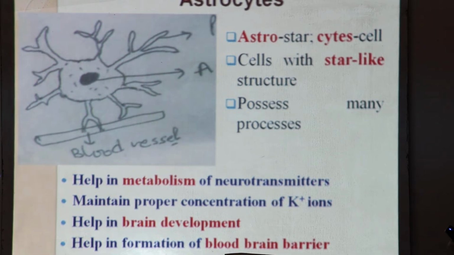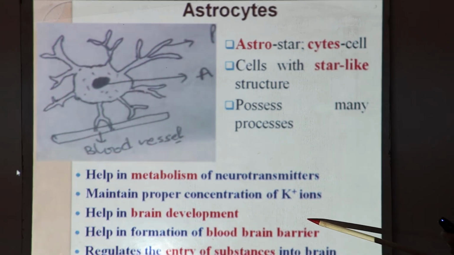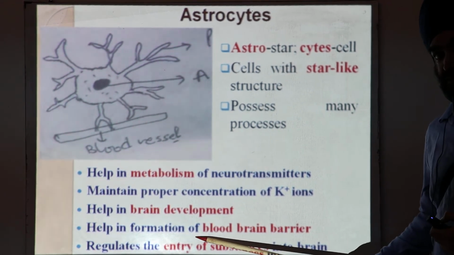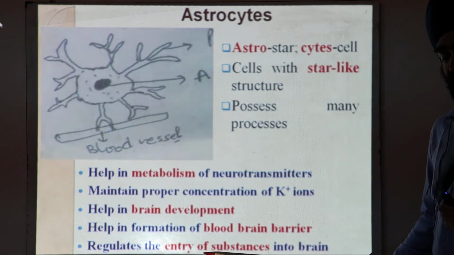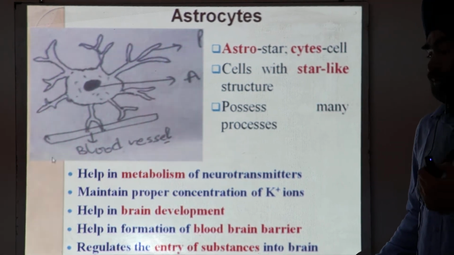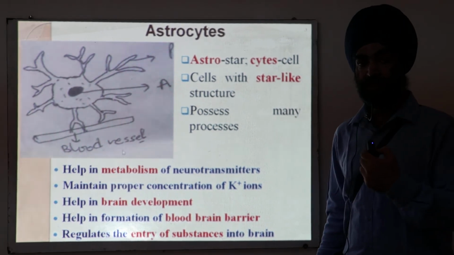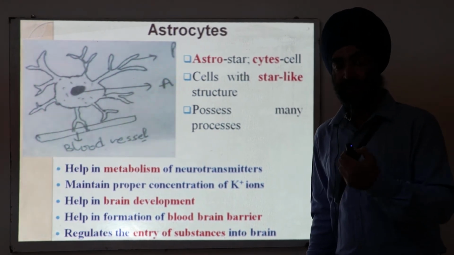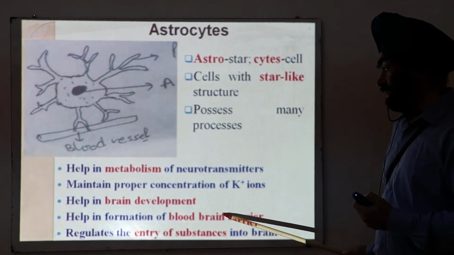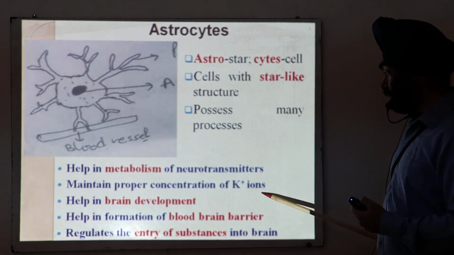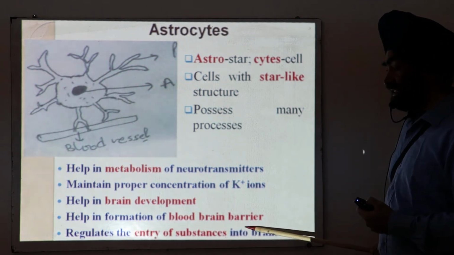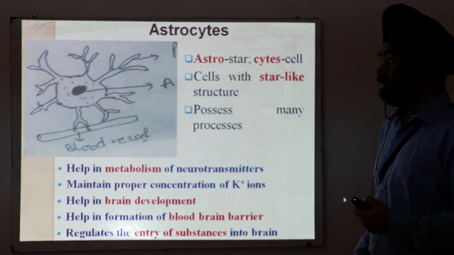Because of this, the things that can enter inside the brain are regulated. Not all substances are allowed to enter the brain. This is the property of the blood-brain barrier. So it regulates the entry of substances into the brain. These are the functions of the astrocytes inside the brain.